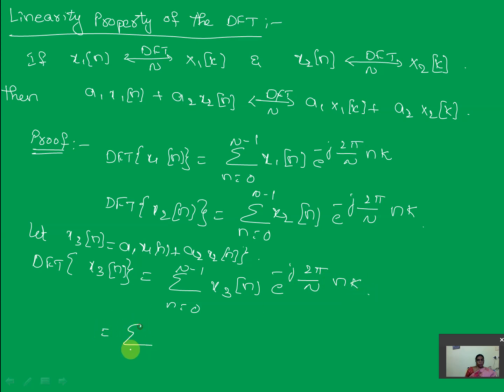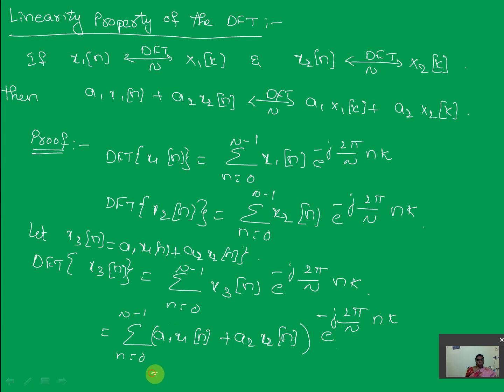Now substitute the sequence a1 x1 of n plus a2 x2 of n into e power minus j 2 pi by N nk.